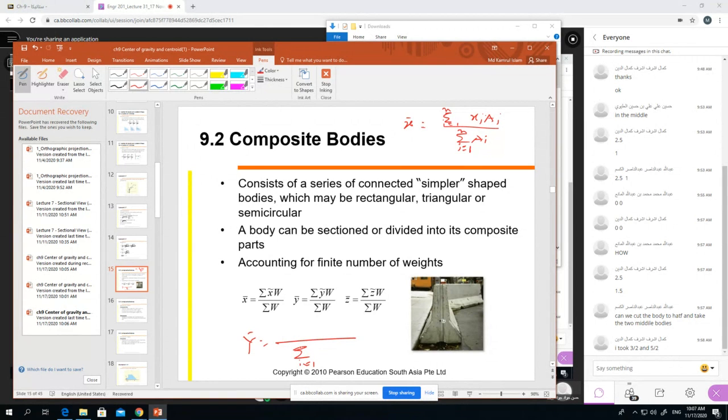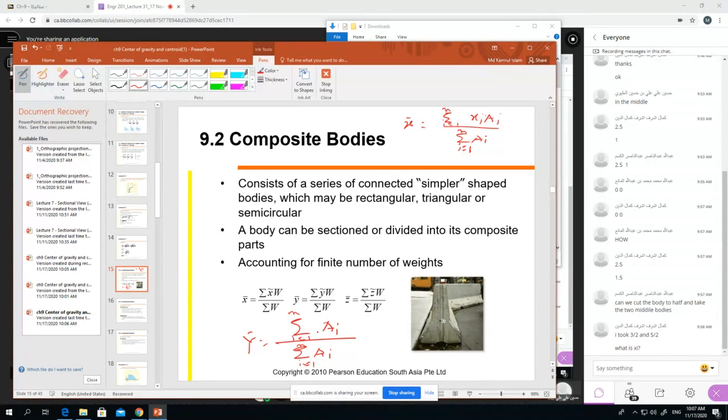I equal to 1 to n, and everything is the same. Instead of the x, here I will write xi. Right?